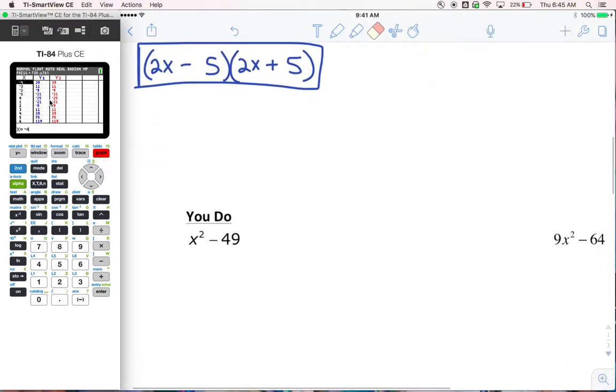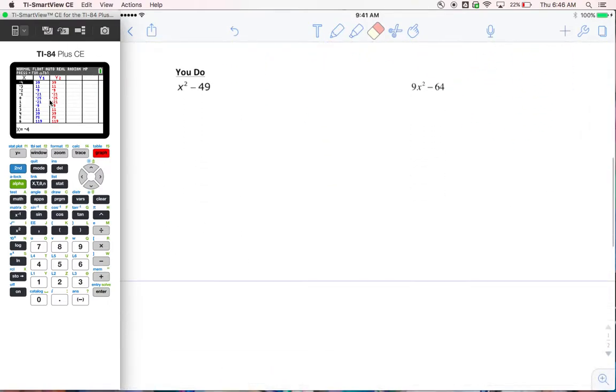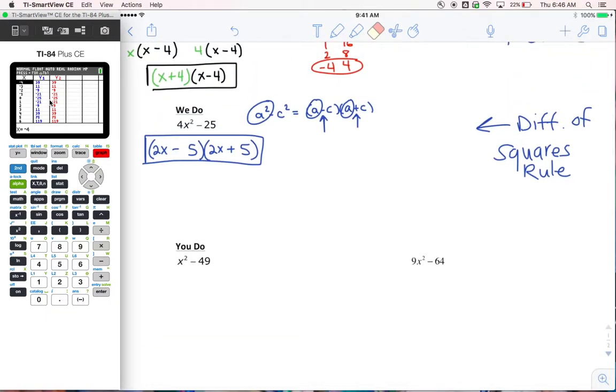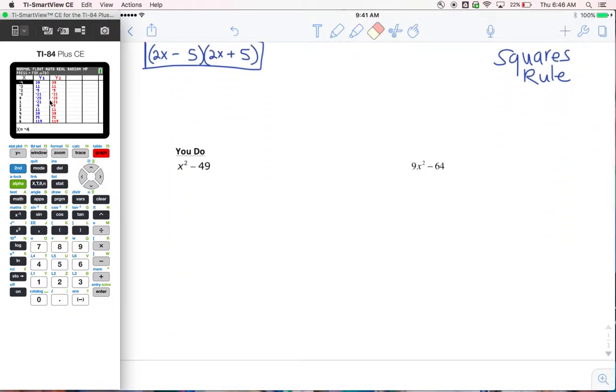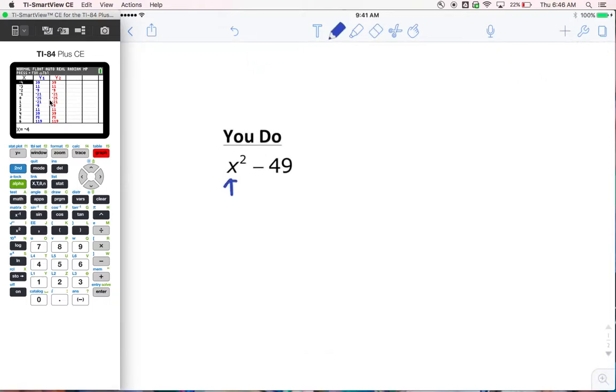Okay. Again, last two examples are for you guys to try. I'm going to go ahead and just do them both, and I'm going to do this quick method, all right? Since it's x squared minus 49, this is a perfect square because it's x times x.